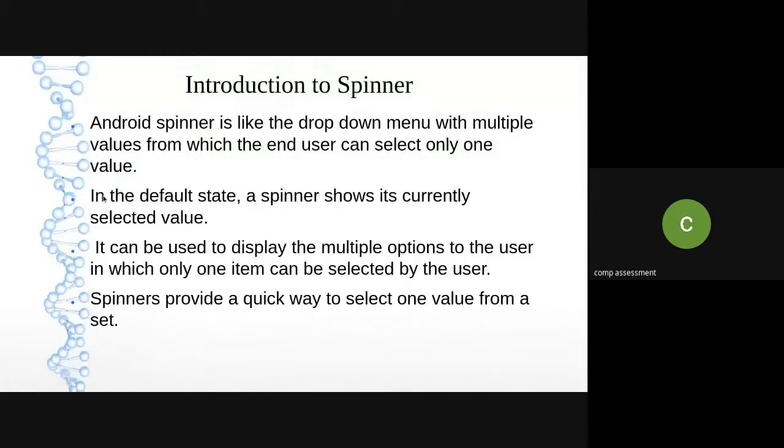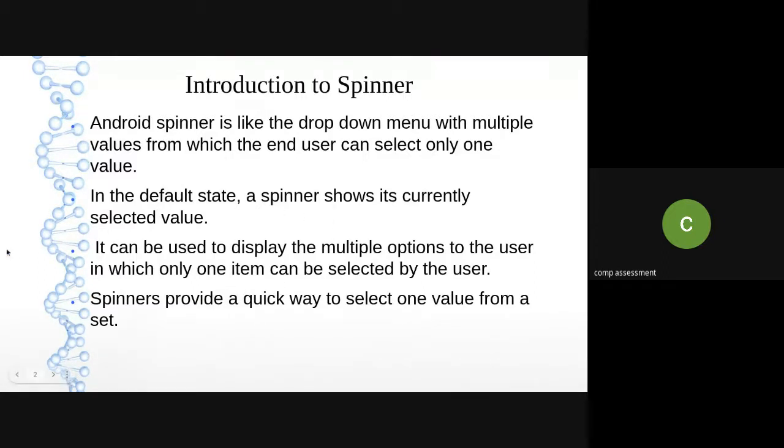From those multiple values, by default, the spinner shows its currently selected value as the zeroth index value in the spinner. So in the default state, a spinner shows its currently selected value, whichever value is selected by default will be considered the selected item.